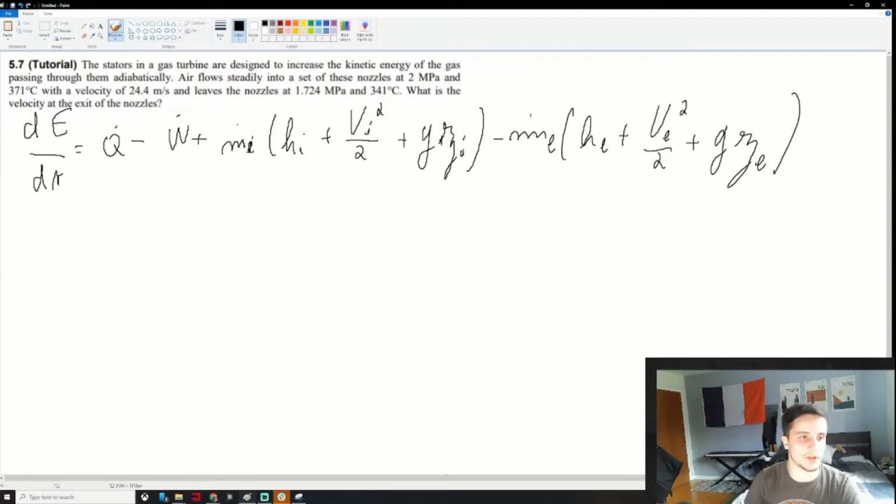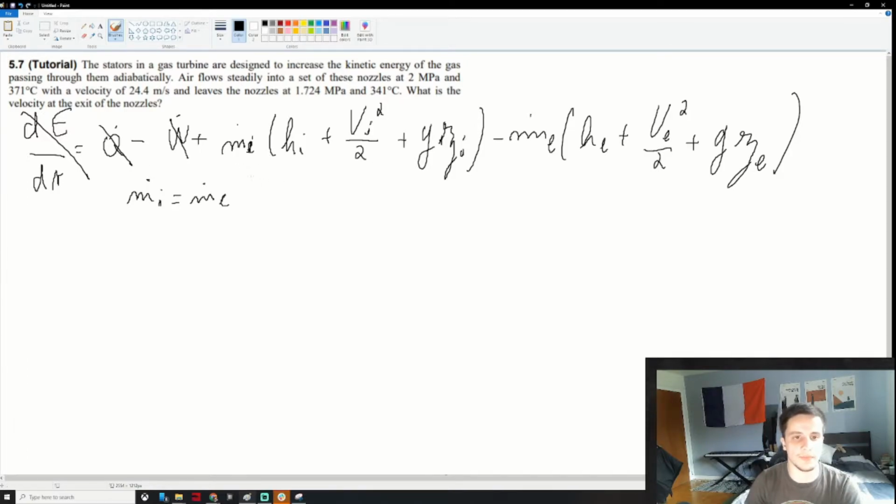And then cross out everything that you know will be equal to 0. So for example, dE dt is equal to 0. Adiabatic, so heat transfer is equal to 0. We're not moving an object over some distance, so the work is equal to 0. It is steady, so we have mass flow rate initial is equal to mass flow rate at the exit.